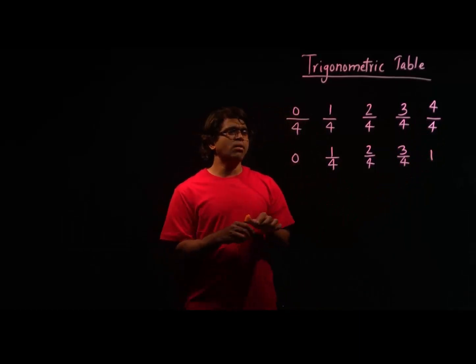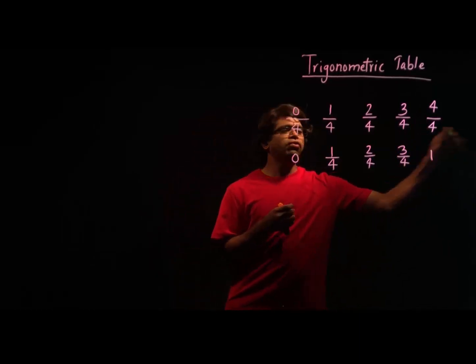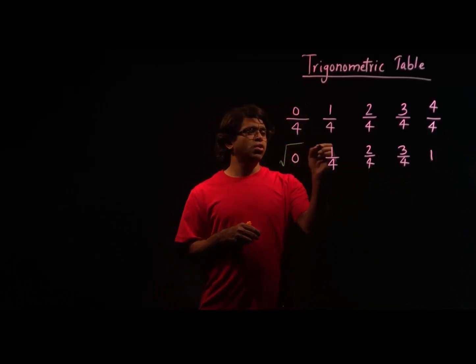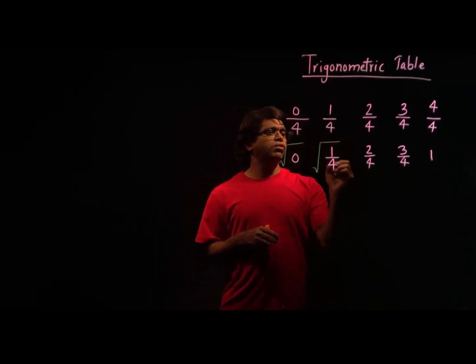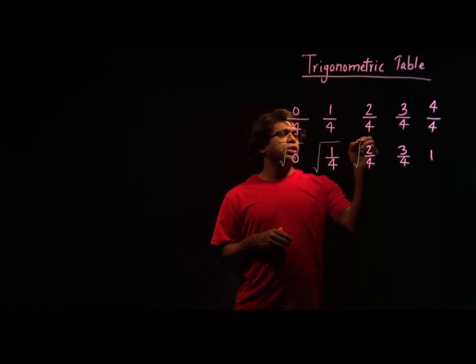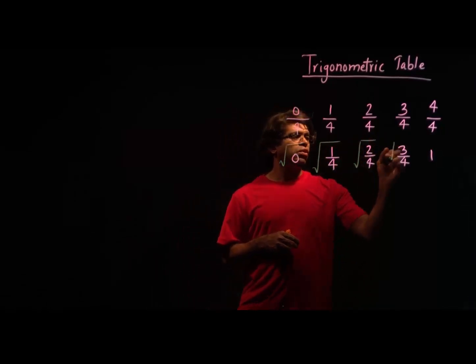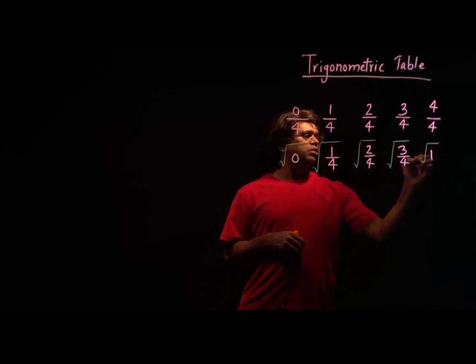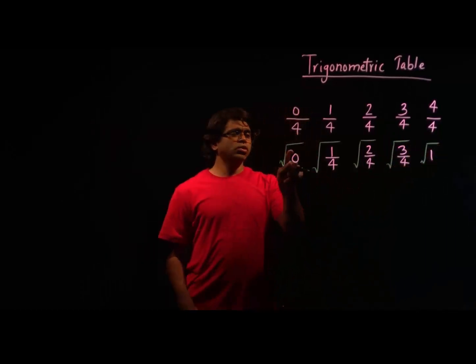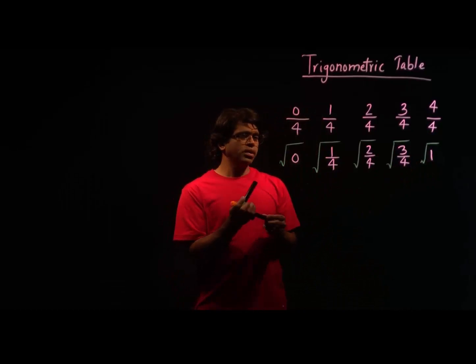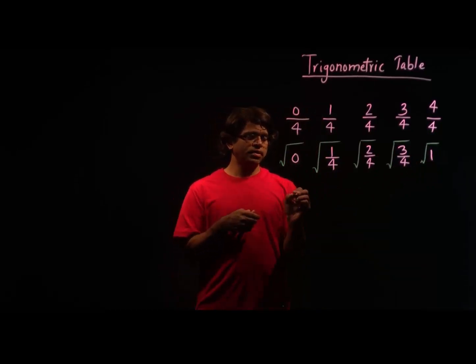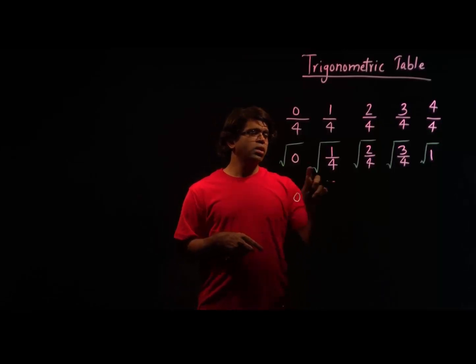Now the next thing I want to do is find the square root. So I'll write the square root of 0, the square root of 1 over 4, the square root of 2 over 4, the square root of 3 over 4, and the square root of 1. The square root of 0 is 0.